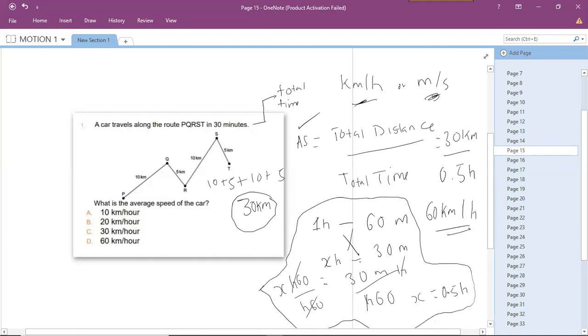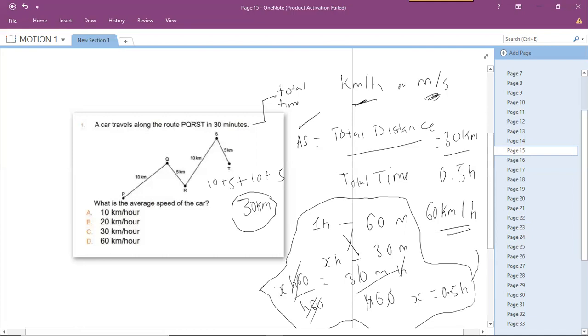We cross multiply and divide both sides by 60, the hours cancel, and it became half an hour, so 0.5 hours.